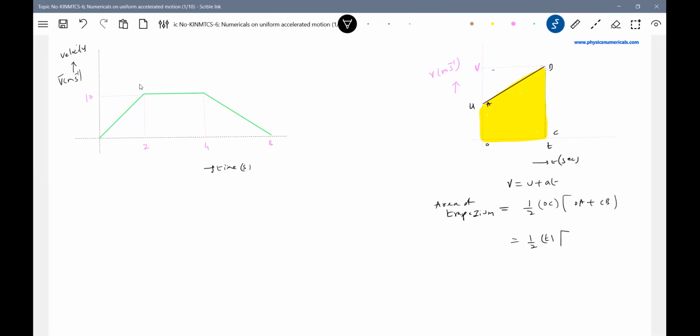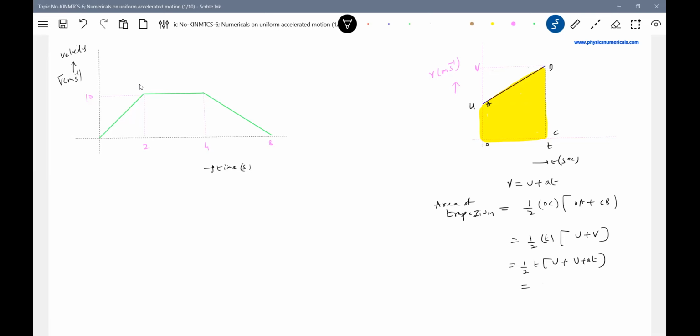OC must be equal to T, OA must be U, and CB must be equal to V. Then after this, V is U plus AT.